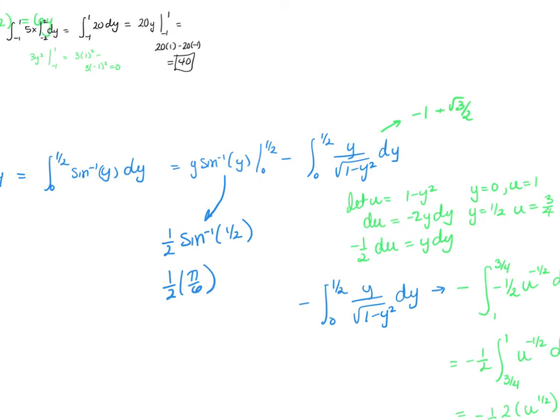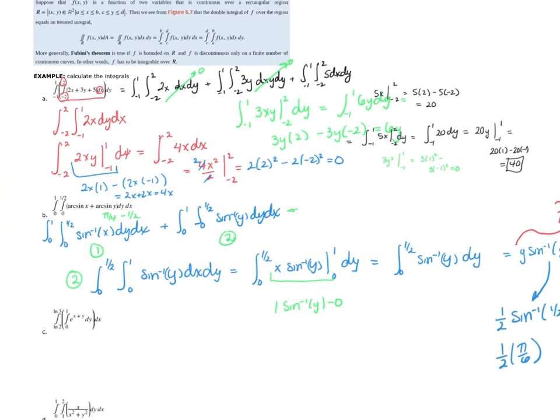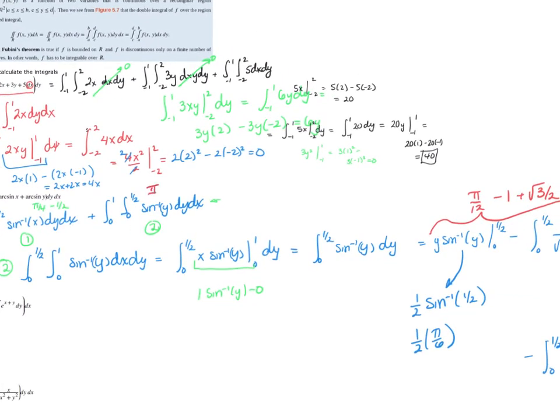So this entire thing, number 2, becomes pi/12, and then minus 1 plus the square root of 3 over 2. Now, that means this over here is going to be pi/12 minus 1 plus the square root of 3 over 2.